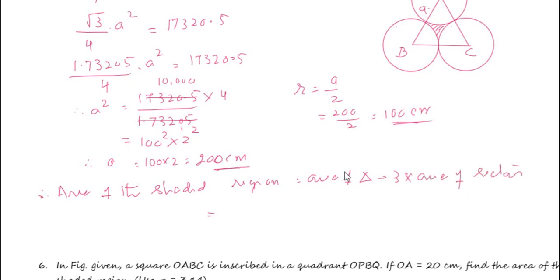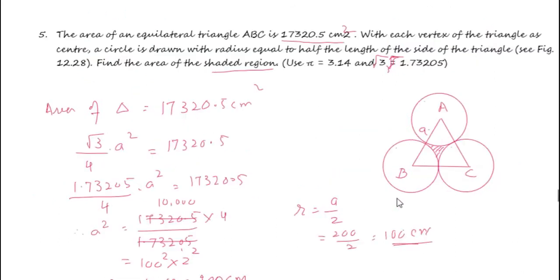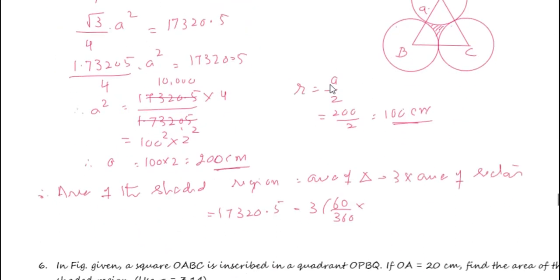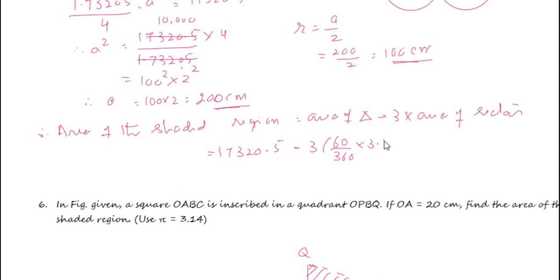Area of the triangle is given, 17320.5, minus 3 times area of the sector. This angle is 60, so it is 60 divided by 360 into pi, which has to be taken as 3.14, into R square.